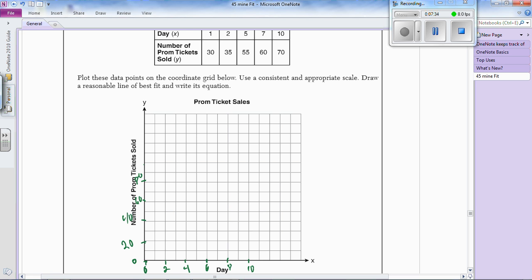I don't know why they did that. 130, 235, 555, 760, and 1070.